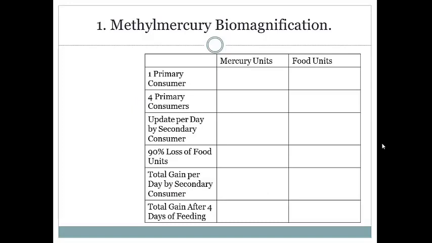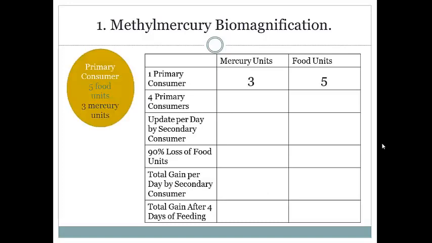So here is my day 4 consumer. It has 5 units of food and 3 units of mercury. Now, my secondary consumer is going to eat 4 primary consumers. So that's why we've got 4 primary consumers here. If we eat 4 primary consumers, and each one has 3 mercury units, we end up with 12 mercury units.